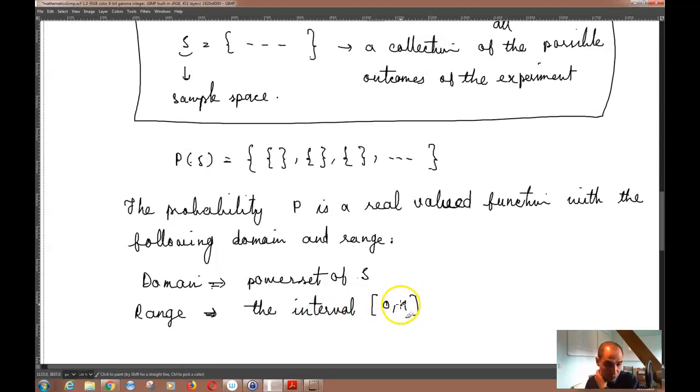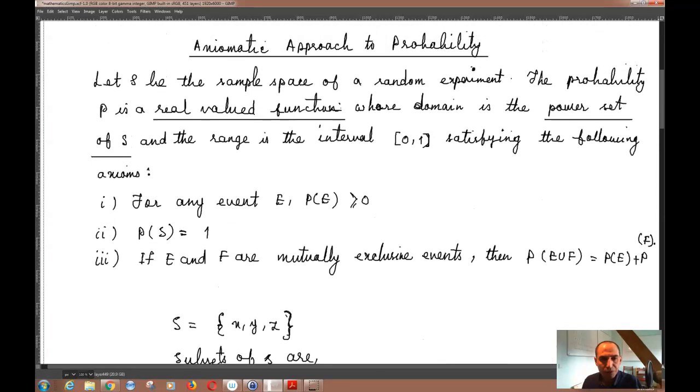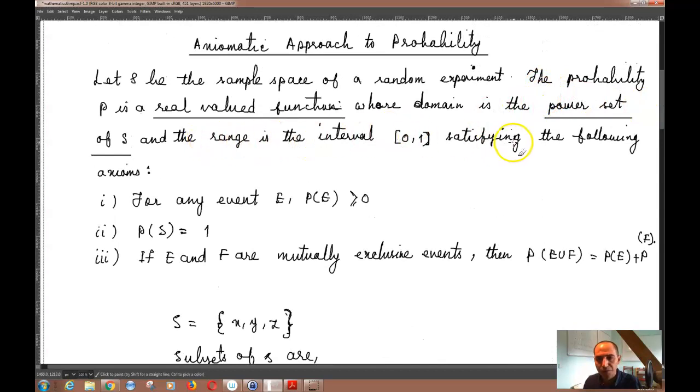Because the value of probability cannot be less than 0, nor greater than 1, it could be some value equal to 0 or equal to 1, and anything in between. So that's basically it so far. And then this function has to satisfy these axioms that we will talk about in just a few moments.